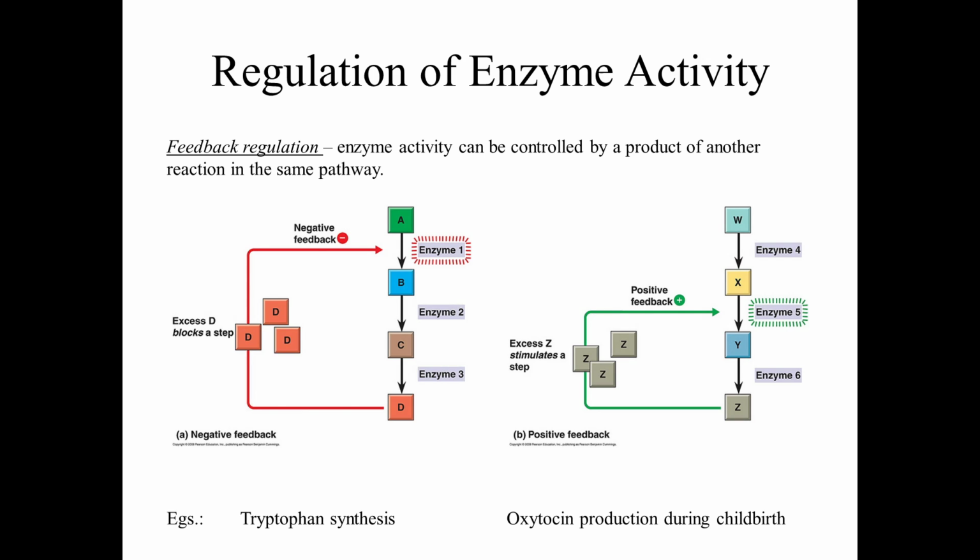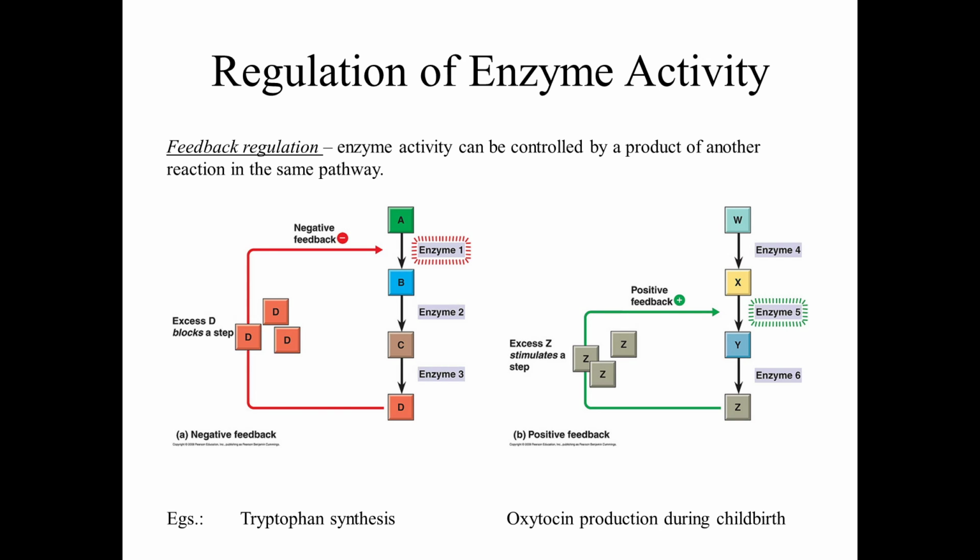And if D starts becoming scarce, then enzyme 1 will not be inhibited as much, and it'll make more B, and make more C, and make more D. So ultimately, this will stabilize at a steady concentration of D. This is called homeostasis. This is how most of your molecules and enzymes in your body work. There's a pathway where the end result usually blocks the first step in the pathway. So you end up with a constant concentration of D no matter how much A you throw at it.